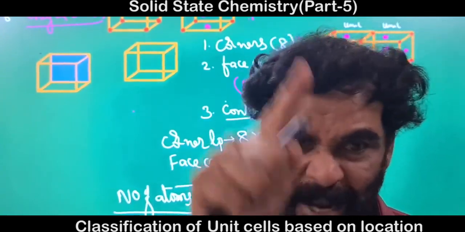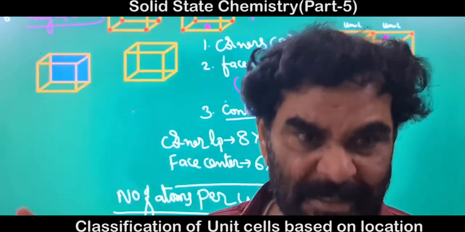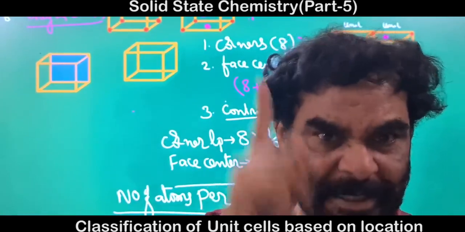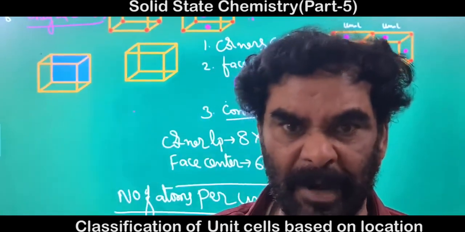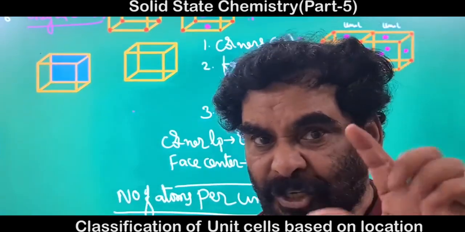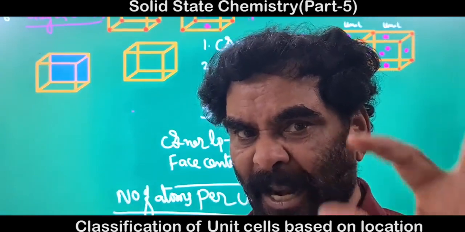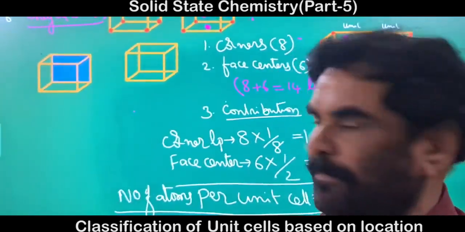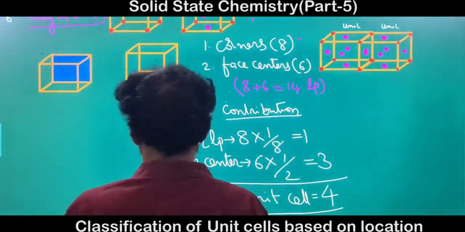So the total number of unit cells in the lattice is n/4. So for construction of each face centered unit cell, 4 lattice points are required.